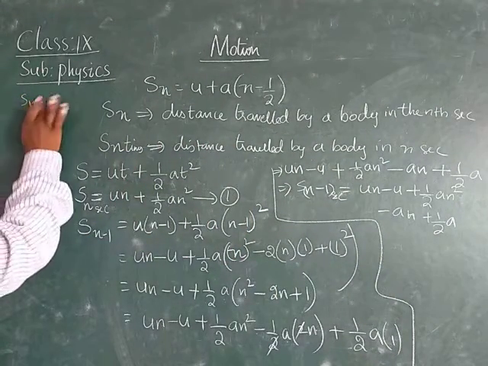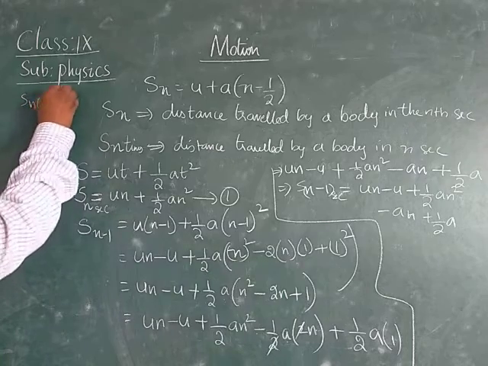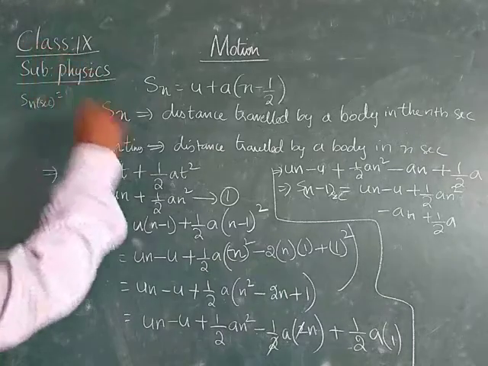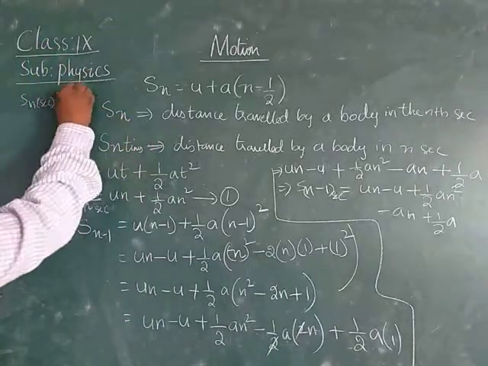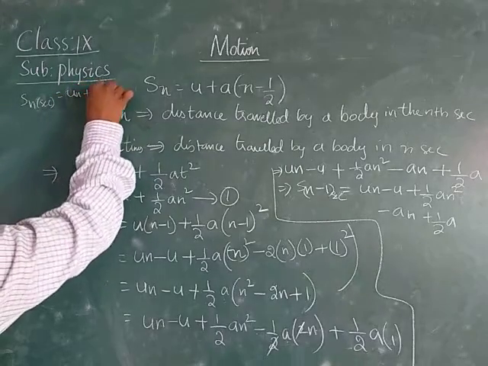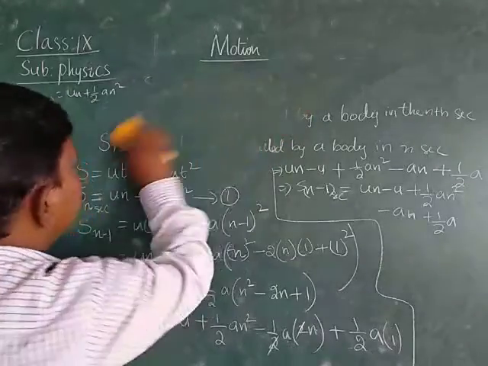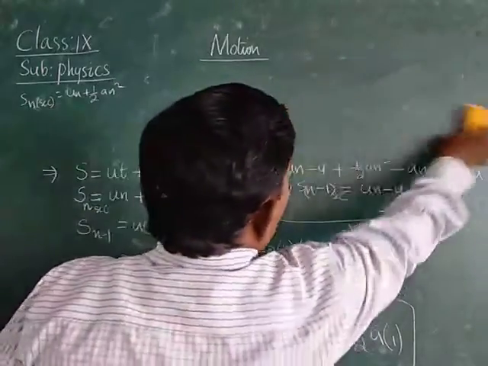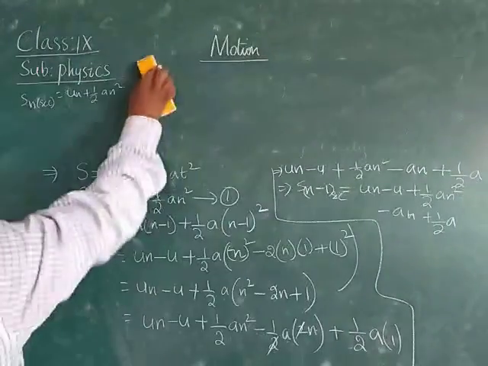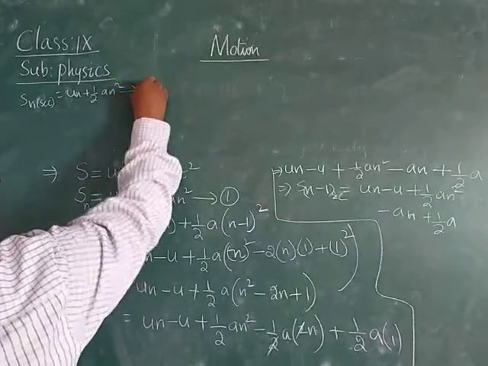Sn seconds is equal to un + ½an². This is the first equation.